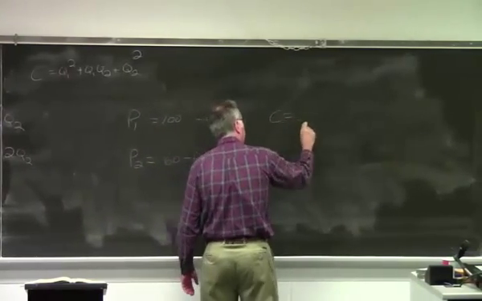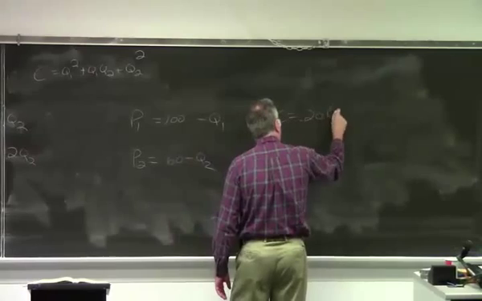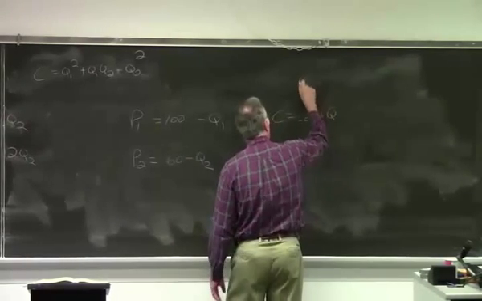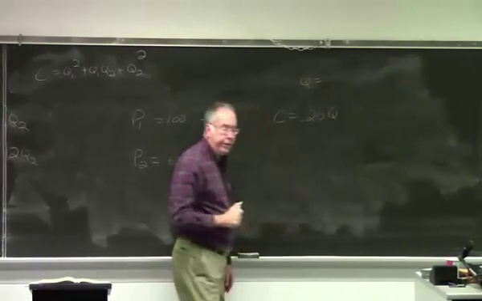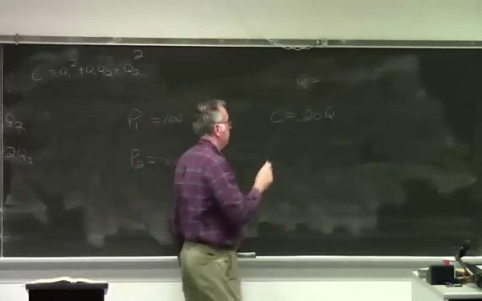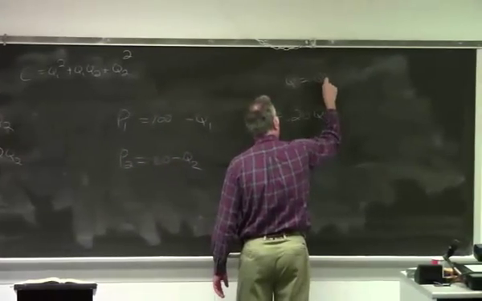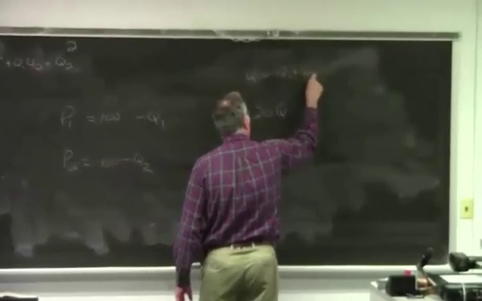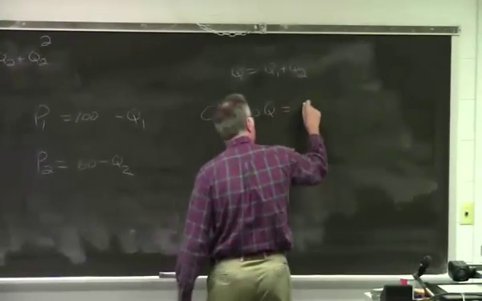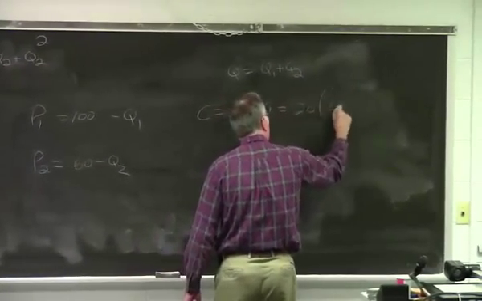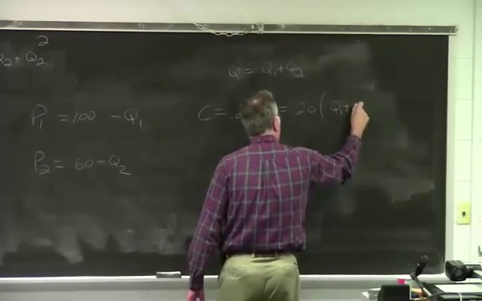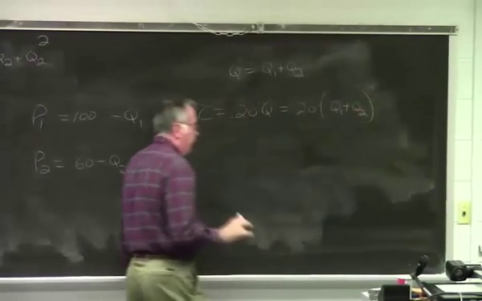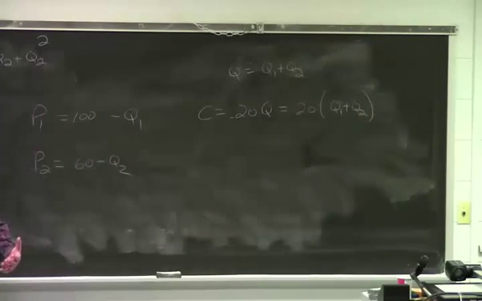The cost function is just 20Q, where Q is aggregate output, Q1 plus Q2. So if I substitute in, the cost is just 20 times Q1 plus Q2. The output you sell to group 1 and group 2 is the same, so your total cost just depends on the aggregate output you produce, not how much you sell to each group.